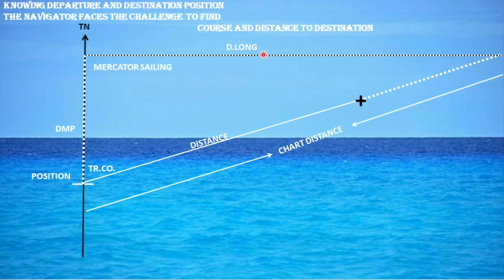And you make some triangles like this. And then we'll be comparing two triangles, what you can see here, to find out our courses and distances. So we are all set to start off with all this.